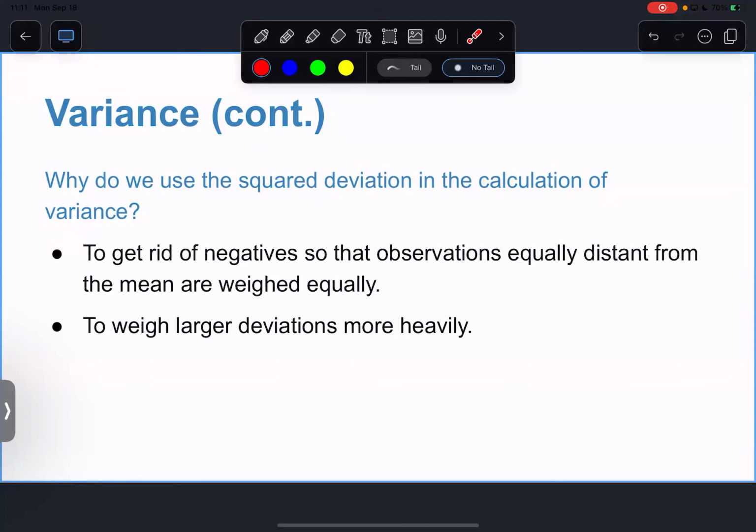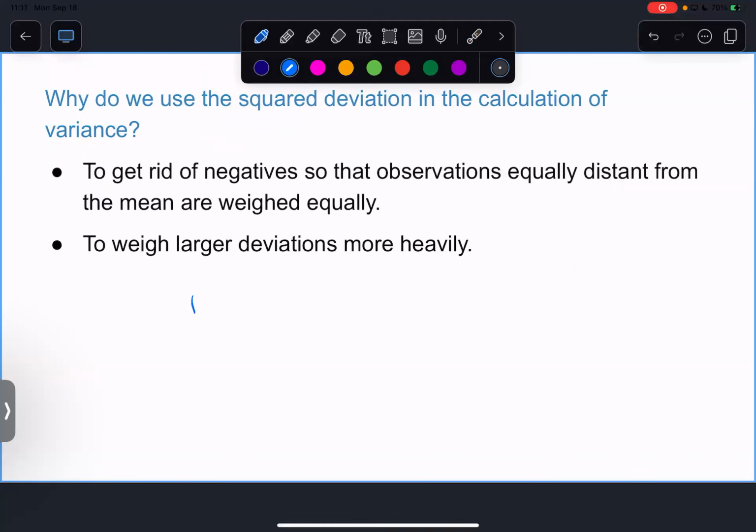But also another kind of benefit is that if we take, for example, a distance of 1, right?